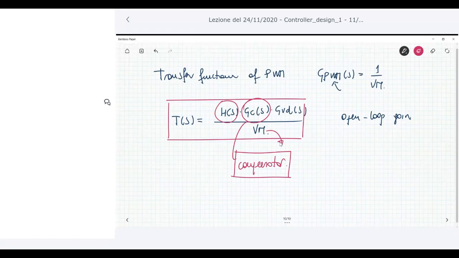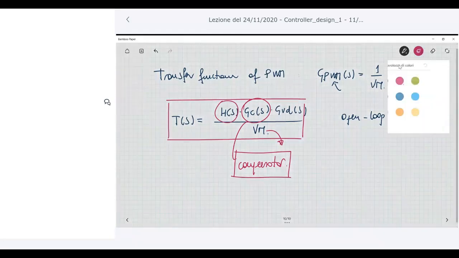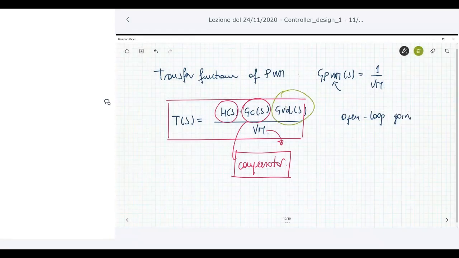Vm is a constant that depends on how the modulator is fabricated; it is the peak value of the triangular waveform that we use for comparing the control voltage in the pulse width modulator. And then we have GVD, the control to output transfer function of the converter. So this is related to our converter. What we did in the previous lecture is to derive this function here.